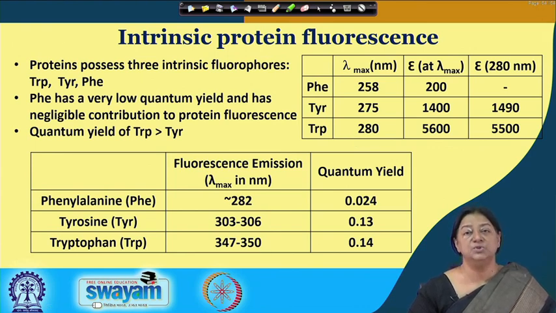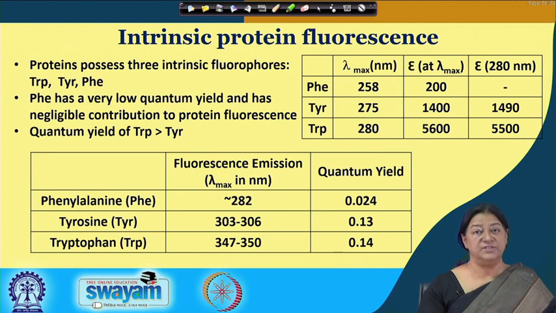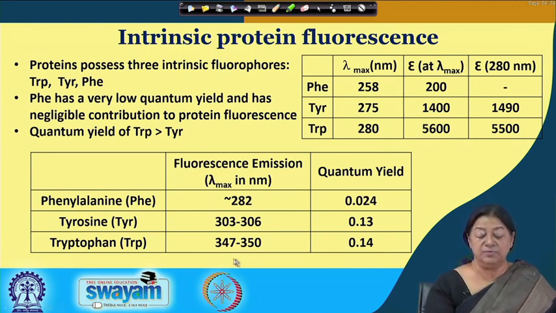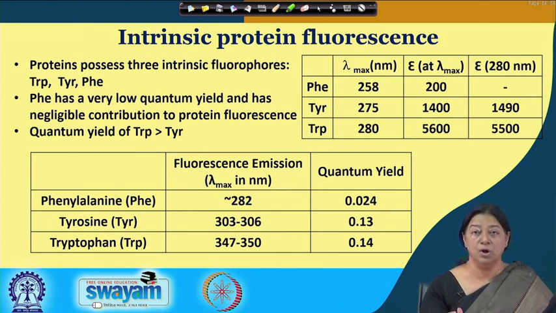This excitation will prevent tyrosine from getting excited, and whatever information we obtain from the emission spectra will be from tryptophan alone, from the tryptophan residues present in the protein. So, we have fluorescence emission that we monitor, as I mentioned, further down, at a longer wavelength.